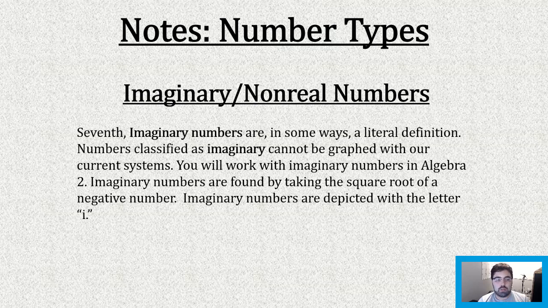But I just wanted you to be aware that there are imaginary numbers, and essentially just go try to take the square root of a negative number. You've been told over and over again that you can't take the square root of a negative number, and it turns out actually you can. It's just you can't take the square root of a negative number and actually have a real number that we can work with. You enter this realm of imaginaries, which again, you'll do in Algebra 2.